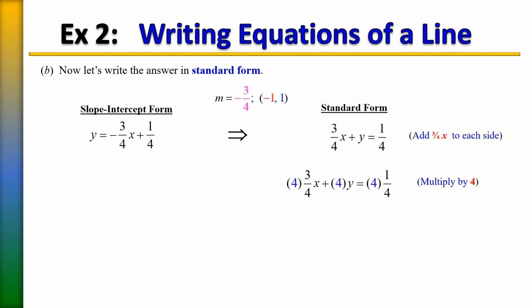So on the first term and over on the right side, that term as well, we're going to cancel out the common factor of 4, and what we are left with here is 3x plus 4y equals 1, and that is our line in standard form.